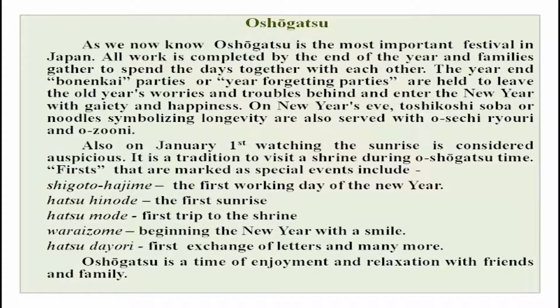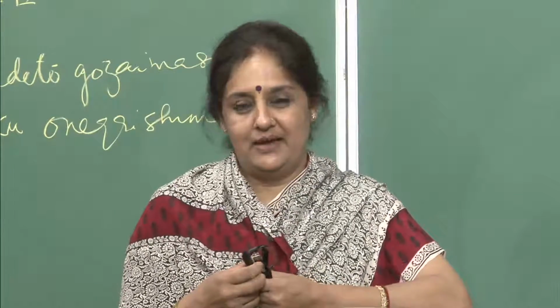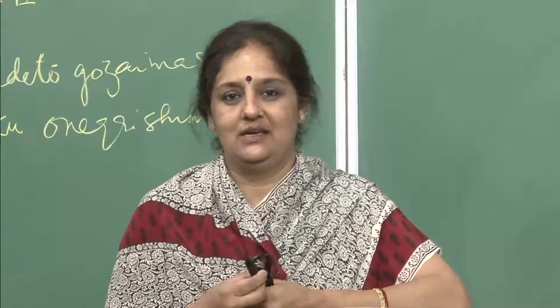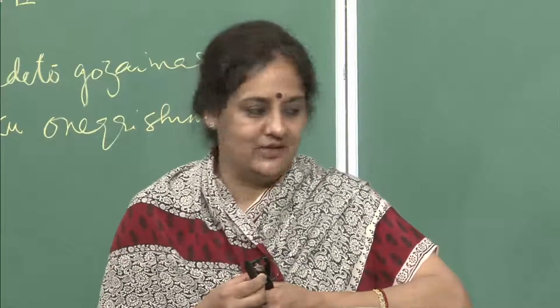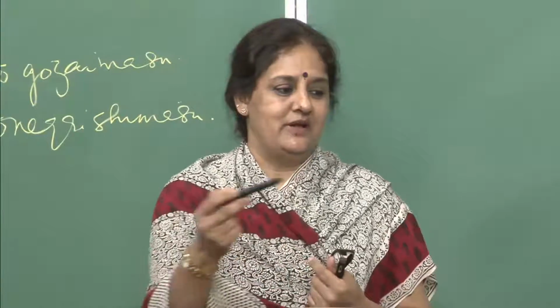You can read more over here about Oshogatsu. One interesting thing is that at Shogatsu time, which starts around the 28th of December and continues on till the 4th or the 5th of January, there is a small party which is mentioned over here.